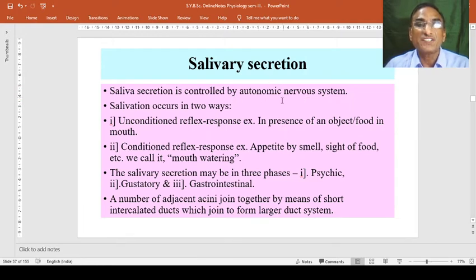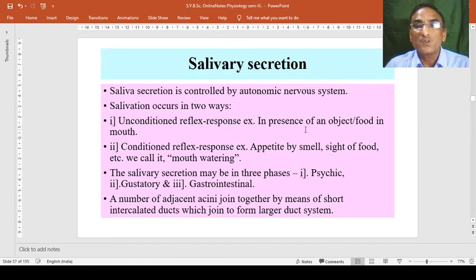Salivation occurs in two ways: one, unconditional reflex response, and second, conditional reflex response. Unconditional reflex response means whenever the food is in touch with the oral chamber or oral area, then and there this response takes place.